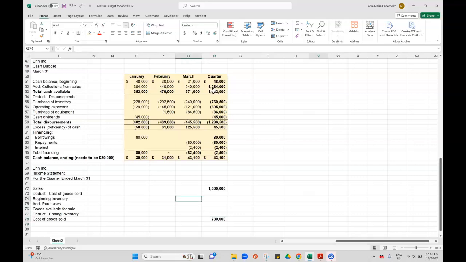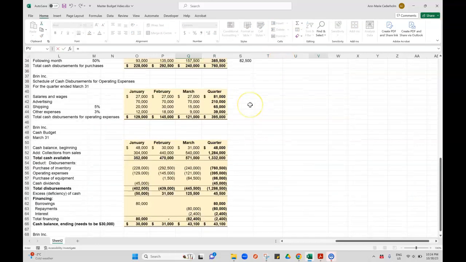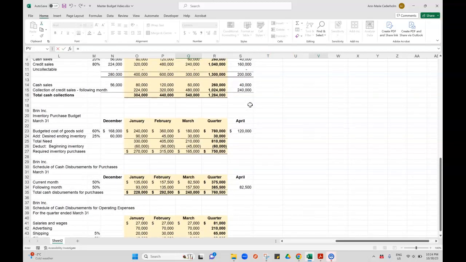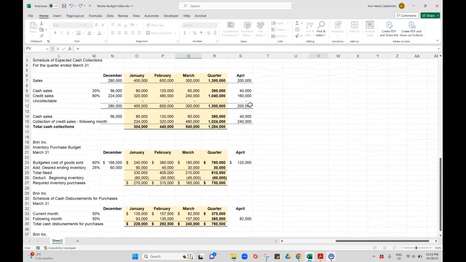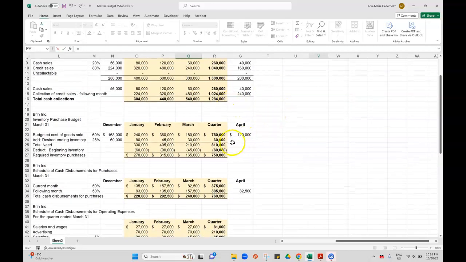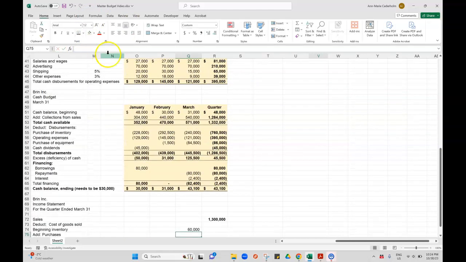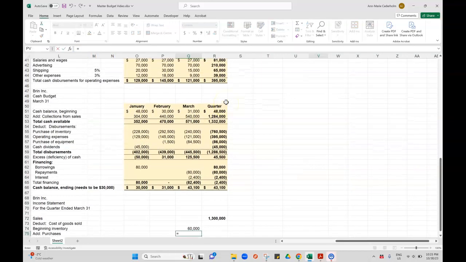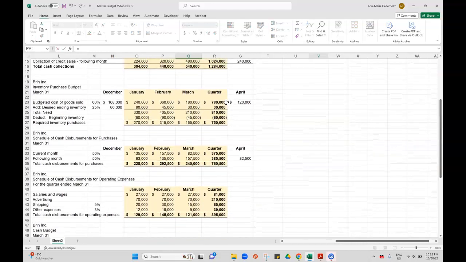So if I take my beginning inventory, the beginning inventory at the beginning of the year, so this is the 60,000, and then I add in my purchases. So that's the 750. I'm just getting all these numbers from the purchase budget, and you can see the cost of goods sold number right there anyways.